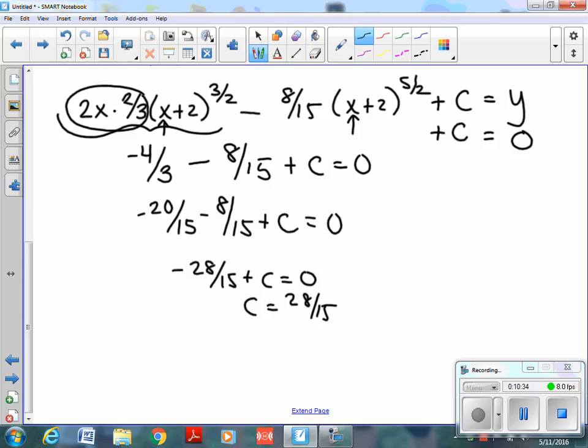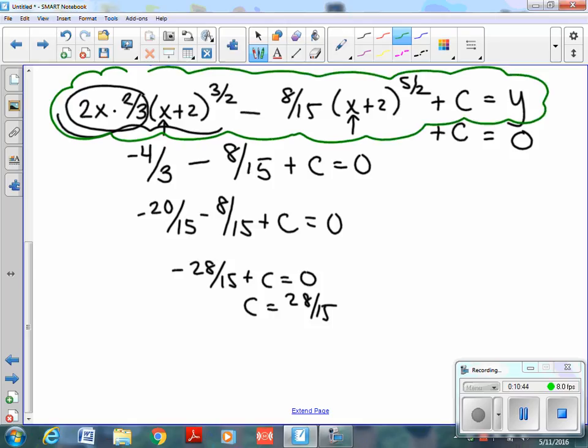To make it easier, I'm going to bubble this in. This is my final answer. Instead of rewriting it, I'm going to erase the c, and in place of the c, put 28/15 here. Final answer.